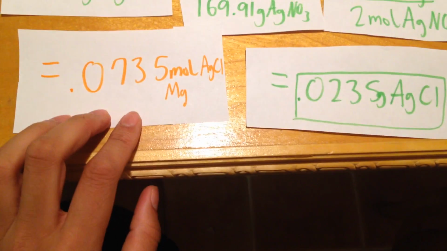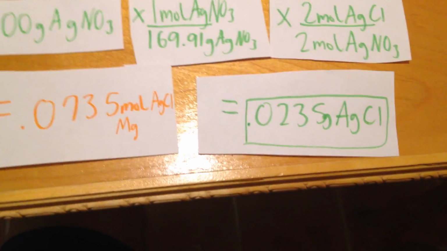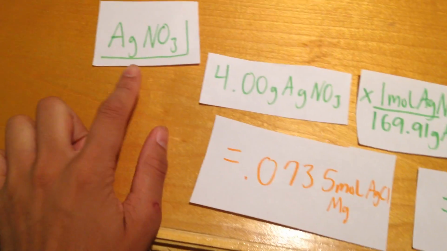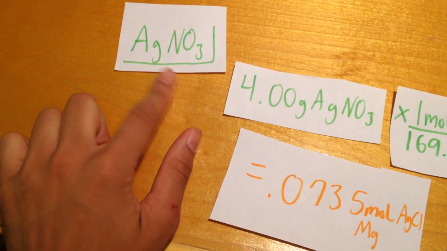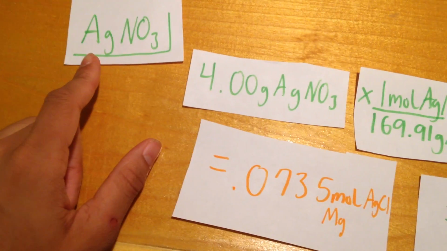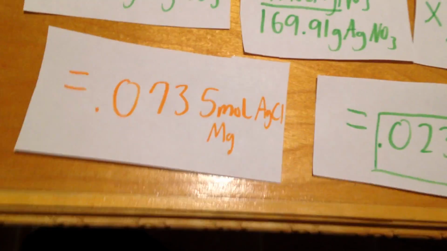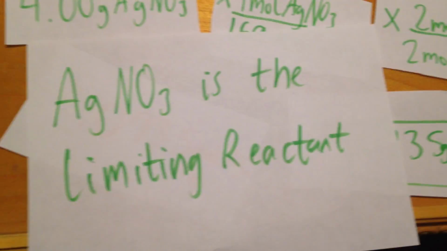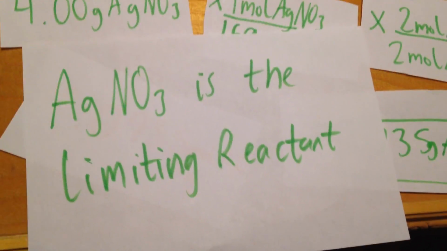Out of the 2 values we got for silver chloride, this one is the least. So that means that AgNO3, also known as silver nitrate, is the limiting reactant because it is least. So here we see silver nitrate is the limiting reactant. And that is how you solve a limiting reactant problem. Thank you for watching.